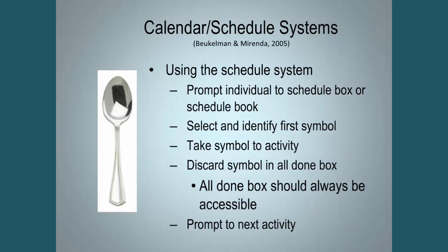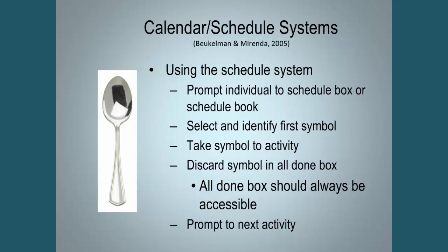So you're going to prompt the individual to the schedule box or the schedule book or the cubbies to get something. So say the first thing you do is breakfast. Maybe the symbol you've chosen is a spoon. Then you take the spoon to the first activity. Sometimes I'll even have an outline of a spoon there so they can match it when they get there.